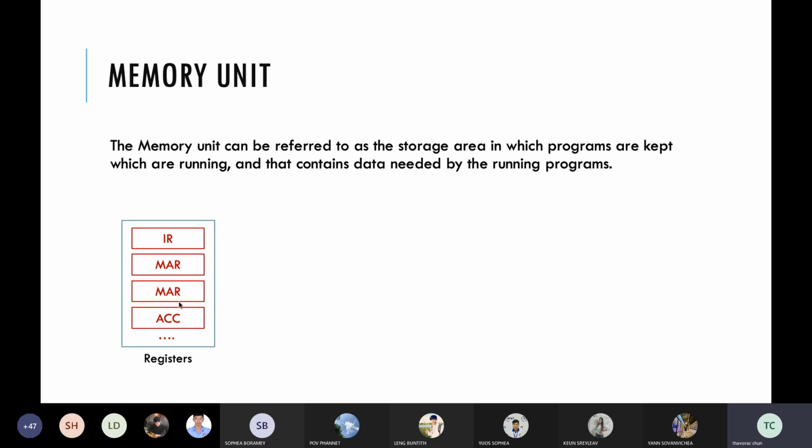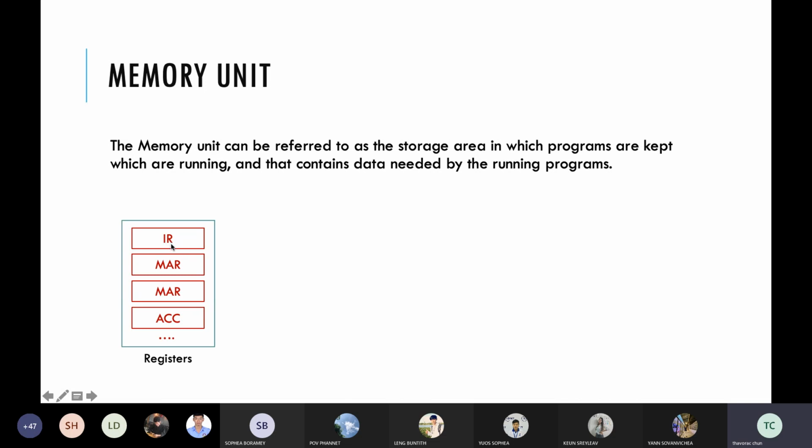For example, the IR here is used to store the instruction. When one instruction is transferred from the main memory, it will be stored first inside the instruction register before it is decoded and executed.